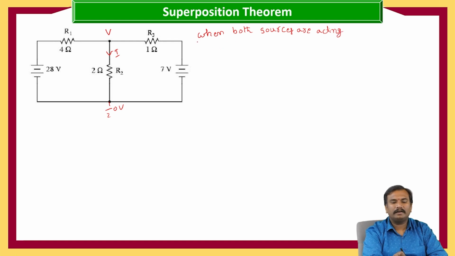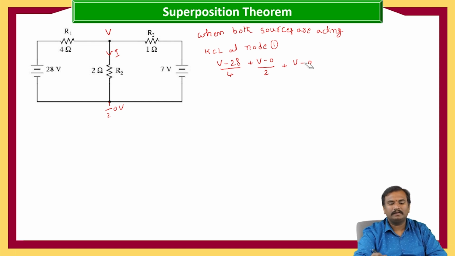So let us write the KCL at node 1, that is, V minus 28 by 4 plus V minus 0 by 2 plus V minus, here we have a voltage source of 7 volts, V minus 7 by 1, which is equal to 0.